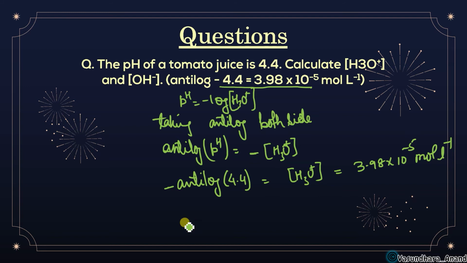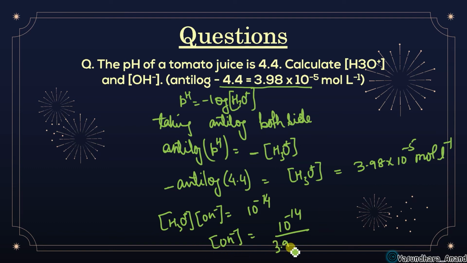And if you have the H3O plus concentration, you can find OH minus, because the product is 10 to the power minus 14, isn't it? So for OH minus, I will write 10 to the power minus 14 upon this H3O plus, 3.98 into 10 to the power minus 5.